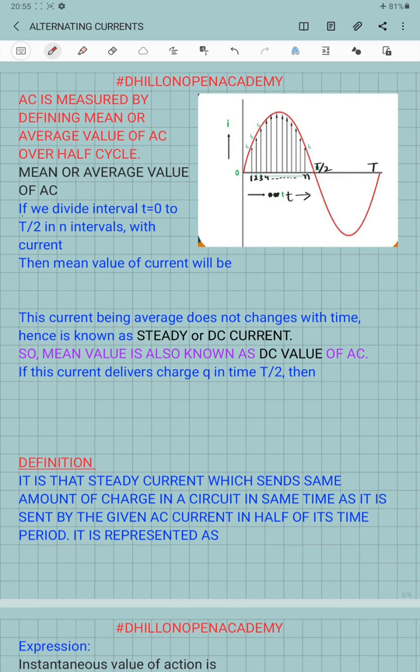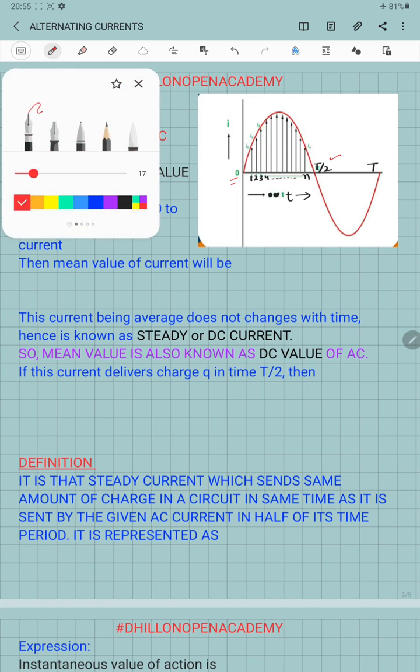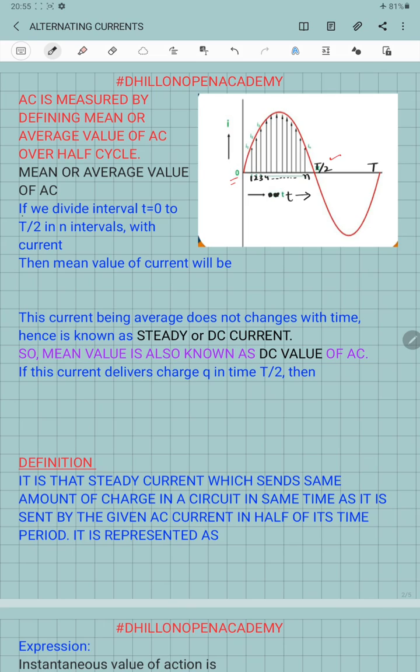In order to measure the average or mean value of the AC, as you can see in the figure, we define one half cycle ranging from time t equal to 0 to time t equal to T by 2, divided into small intervals 1, 2, 3, 4, and so on up to n, such that at each interval the value of the current is I1, I2, I3, and so on up to In.